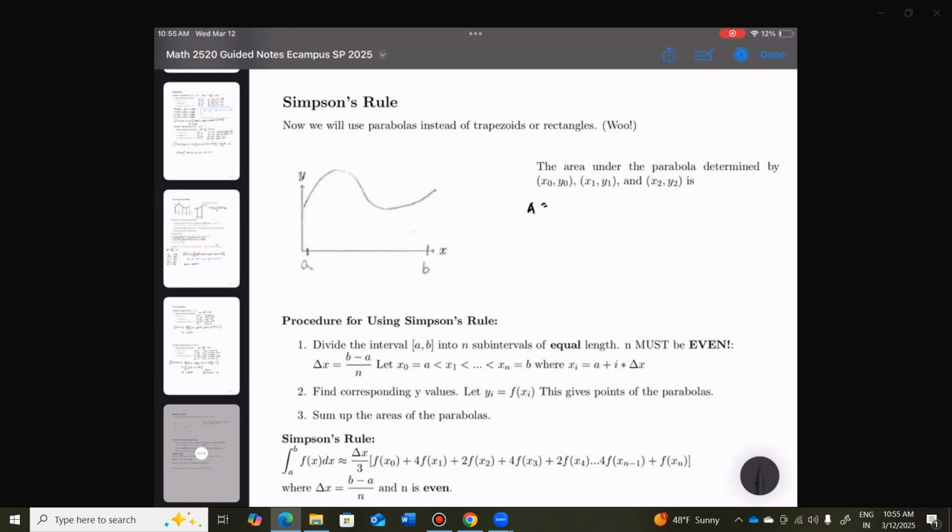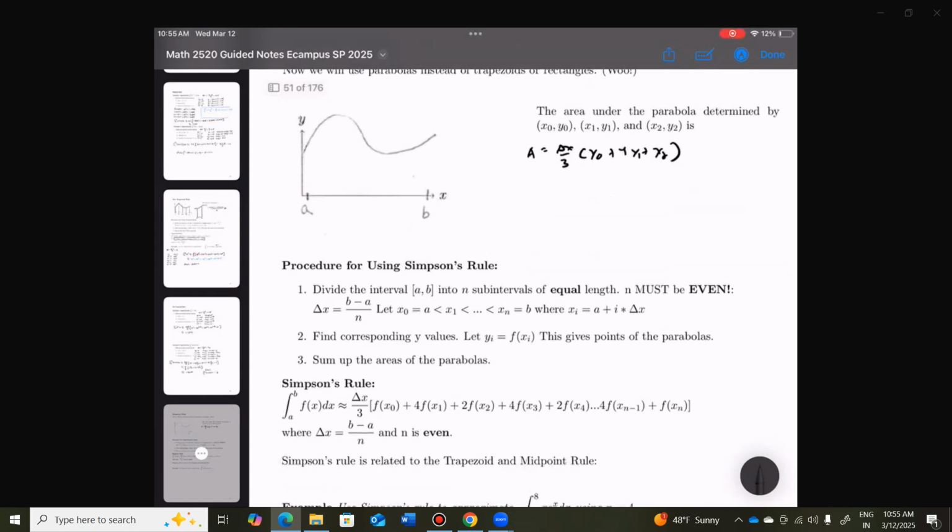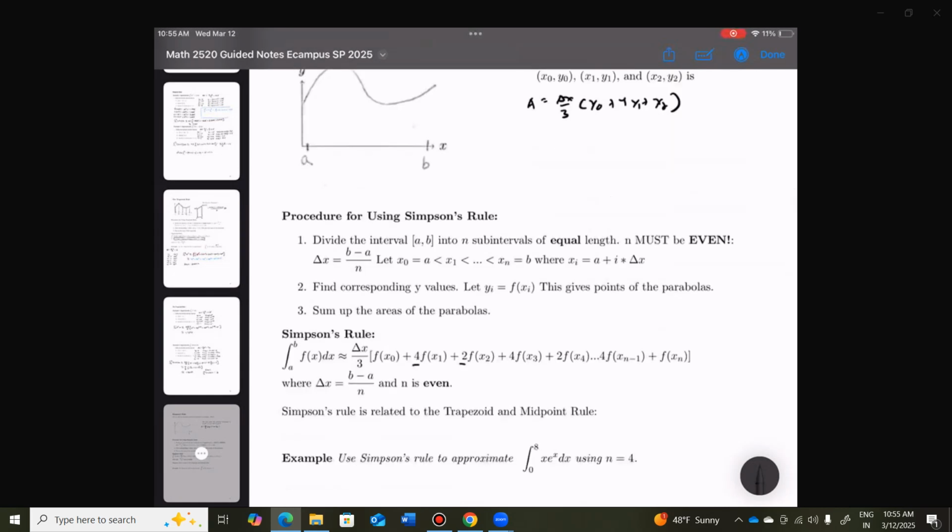Last one's always just by itself. So delta x over 3, y sub 0 plus 4 y sub 1 plus y sub 2. So it's similar, adding a 4, though we don't always add a 4. If you notice, we'll add 2 and it'll alternate until we get to the final one. The final one's always by itself as well as the initial one. And then we're always dividing the whole thing by 3.